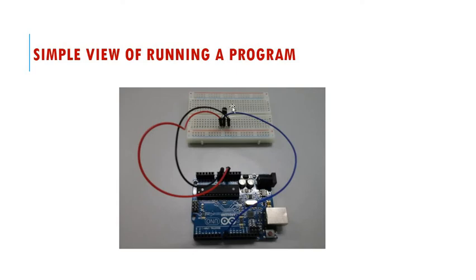The sensor will read the room temperature and send the data back to the Arduino board, and this Arduino board will process the data, or with the assistance of the computer.